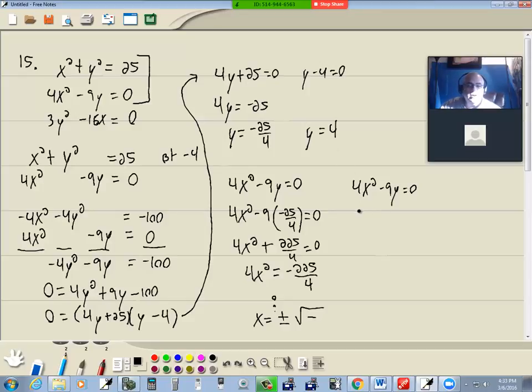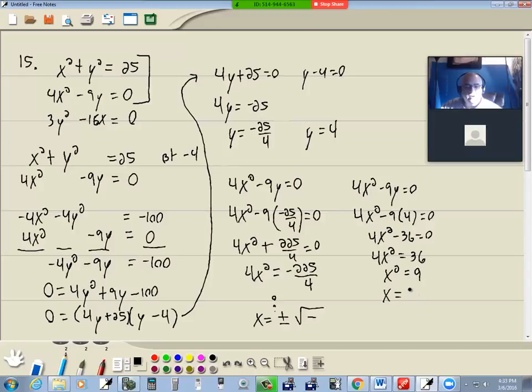So let's plug 4 in. So I got 4x squared minus 9 times 4 equals 0. So we got 4x squared minus 36 equal to 0. 4x squared is equal to 36. X squared is equal to 9.